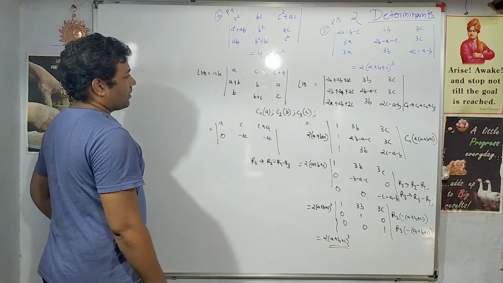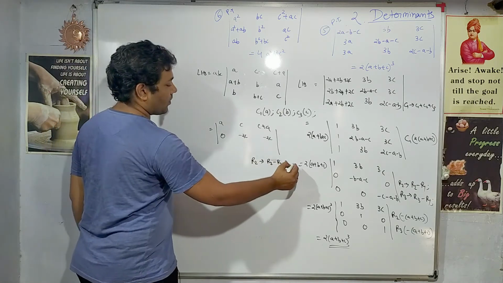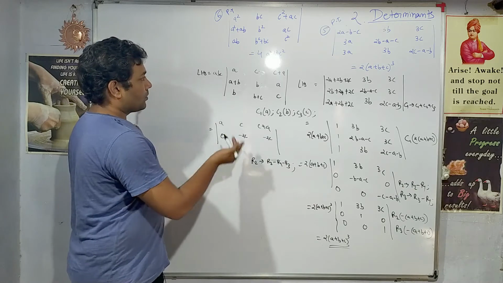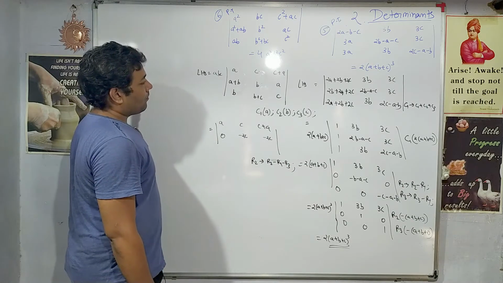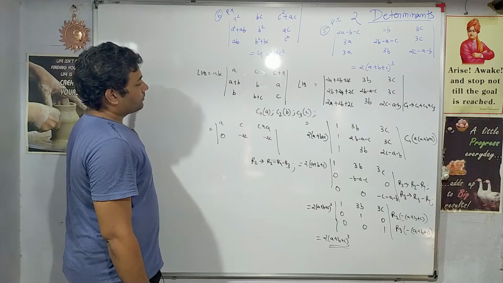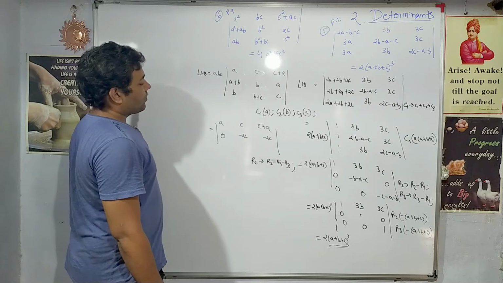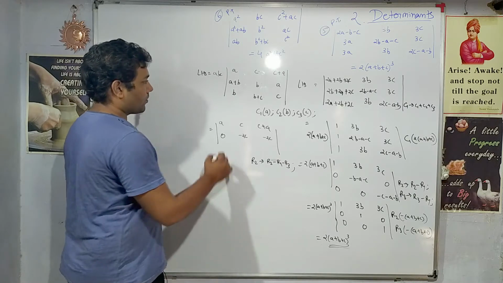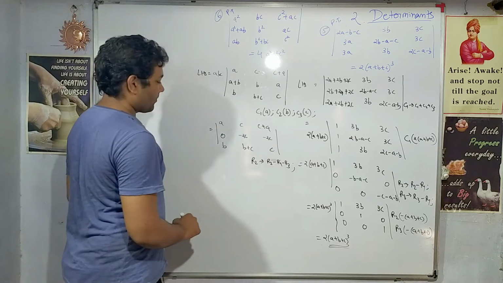Similarly, what else can I do? Is there any other operation that I can perform along with this to get the desired result? No, I cannot see anything as such, so let me do only this one operation and then proceed.